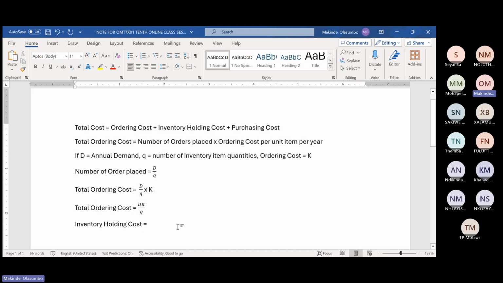So the inventory holding cost in this case is equal to the average inventory quantity held and used over a particular period of time.